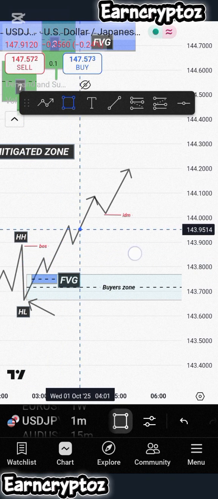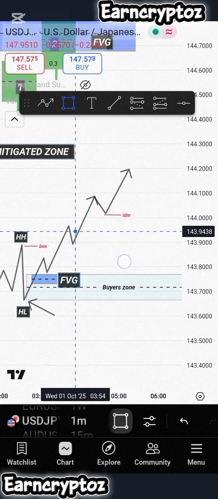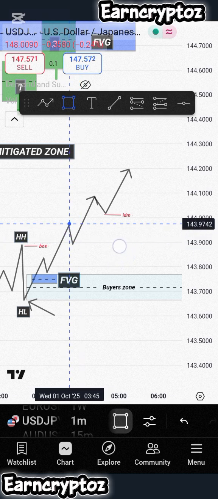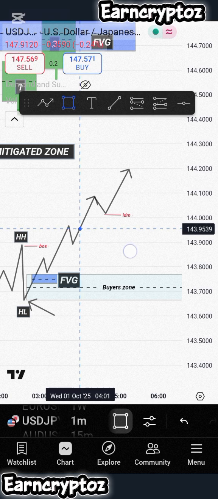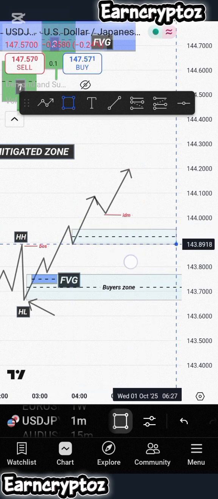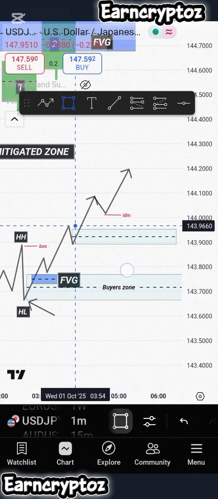But this zone right here, after the inducement, can also be considered if there's fair value gap, and as you can see, it caused a breakup structure right here. So if there's fair value gap and there's a breakup structure, it is also a POI.